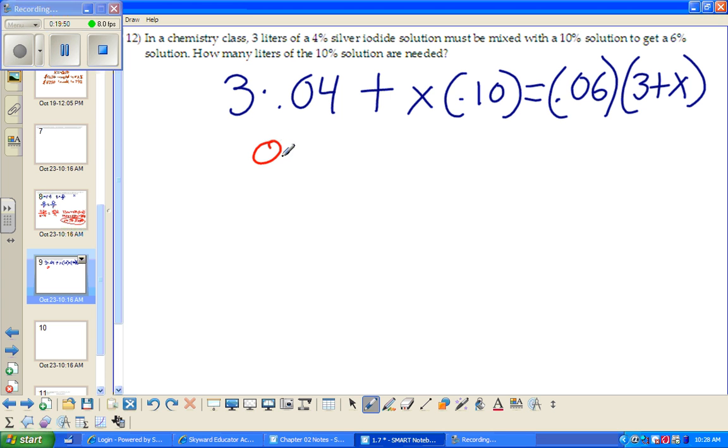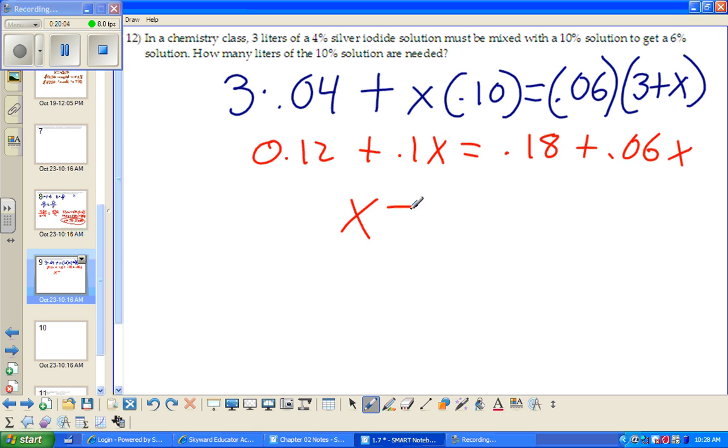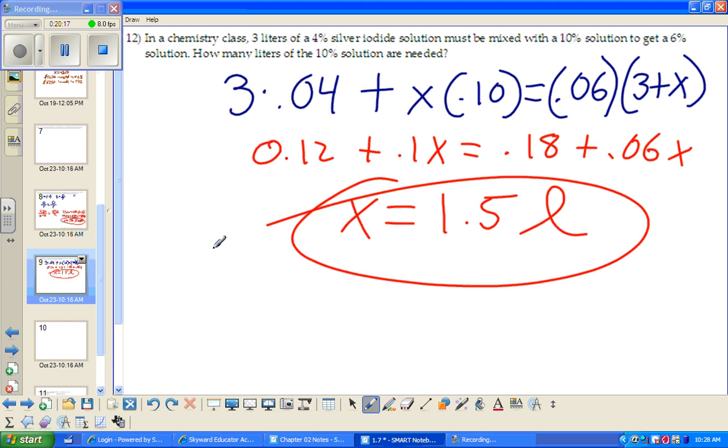So 3 times 0.04, that would be 0.12 plus 0.1x would equal 0.18 plus 0.06x. So then when you solve for x, get x all by itself, x would equal 1.5. And that is the number of liters of the 10% solution that you would need.